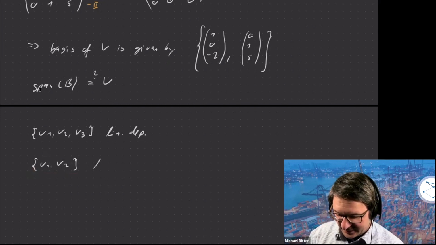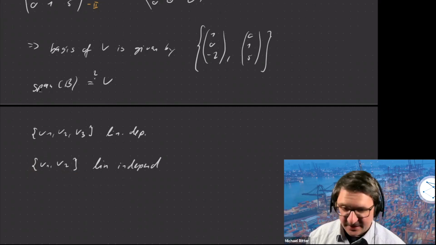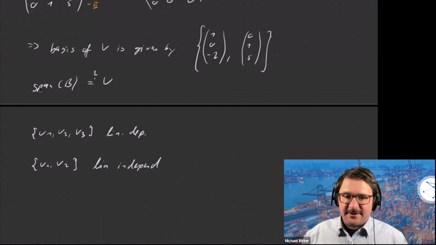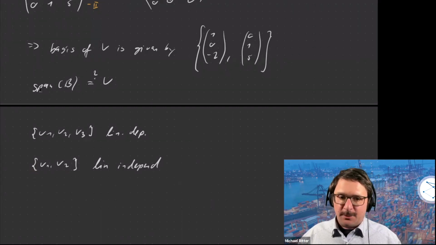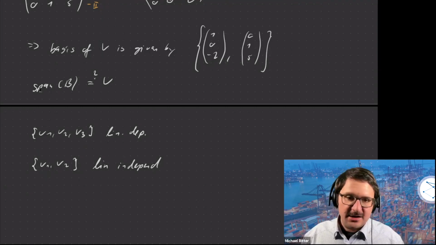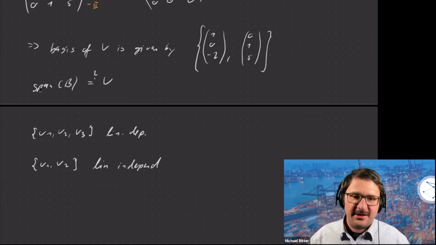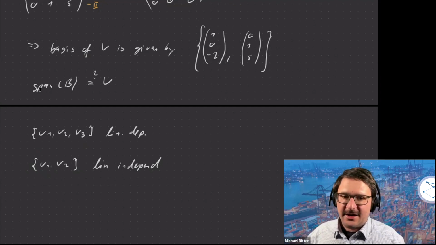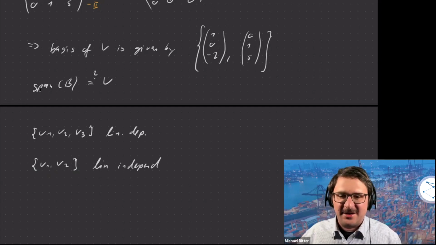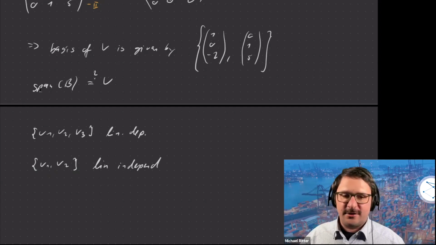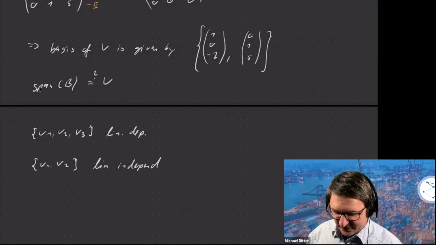So basically, you can take any set, and if it's linearly dependent, you can just delete vectors from it, and at some point you will get a set that is linearly independent. So in that sense, you can also say a basis is a linearly independent set that still generates the full space, and that's the case here for V1, V2.